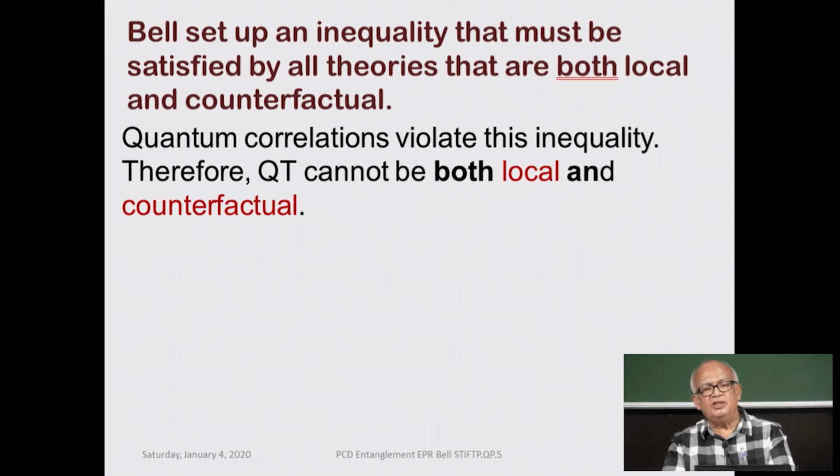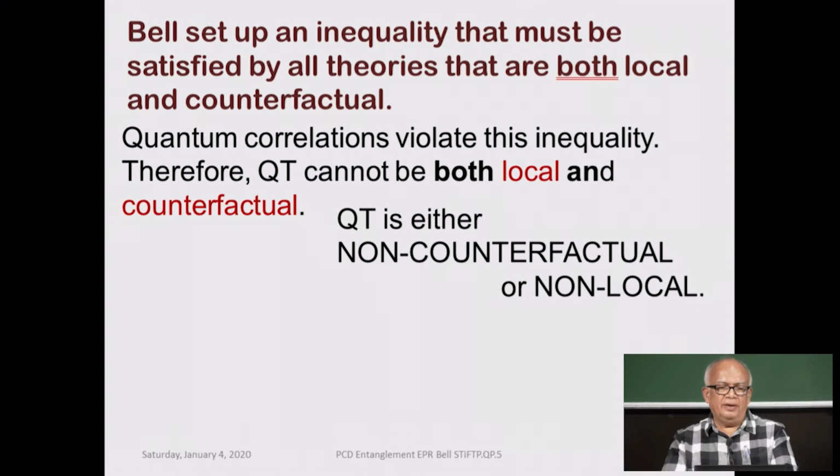Any theory which is both local and counterfactual must satisfy this inequality, and I discussed these terms in the previous class, as to what is a counterfactual theory, and you are then led to the conclusion that quantum theory is either non-counterfactual or non-local.